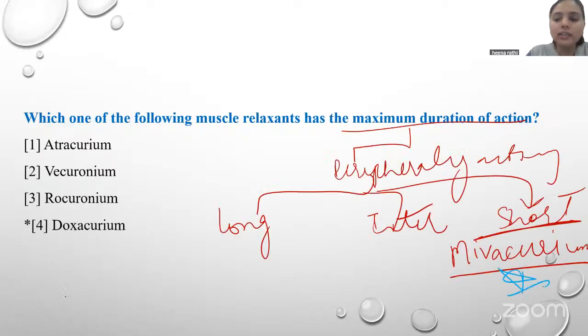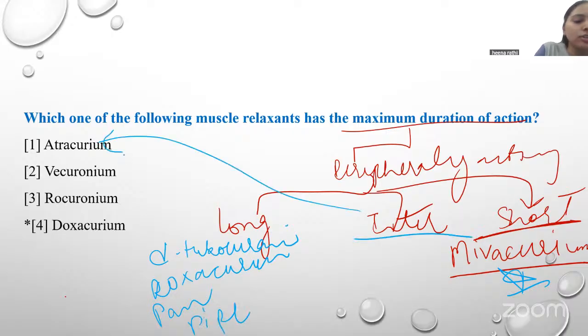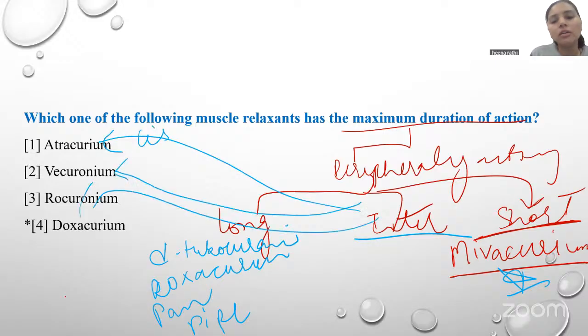Short acting competitive, peripherally acting skeletal muscle relaxant, it is mivacurium. Long acting are D-tubocurarine, doxacurium, pancuronium, pipecuronium. Intermediate are atracurium, cisatracurium, vecuronium, rapacuronium, and rocuronium. These are the examples. Which has the longer duration of action? That's why we have divided them into the 3 classes.